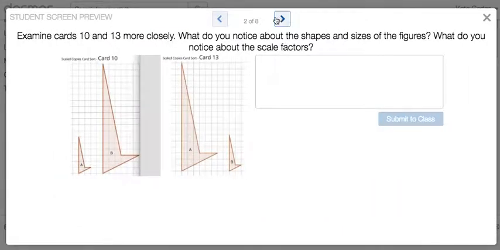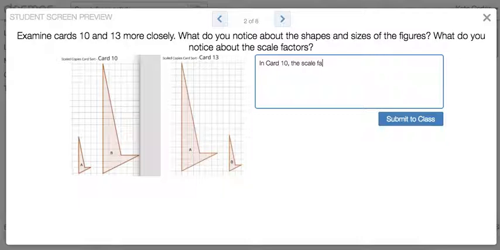So let's look at 2 in particular. We've got card 10 and card 13, and I already noticed that the shapes were the same, they were just flipped. So in card 10, the scale factor was 3. In card 13, the scale factor was 1/3. The shapes were the same in both cards, just flipped in direction.